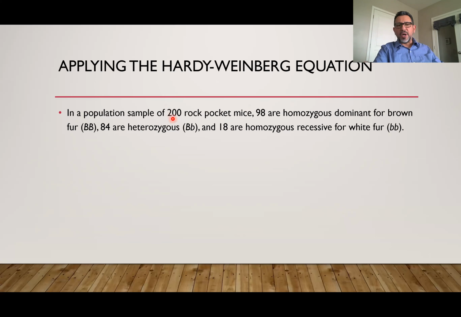Out of these 200 mice we captured, and again, you can see how this is done in the video for this week's discussion, we've analyzed the fur or blood samples we took from these mice in the lab, and we know that 98 out of the 200 are homozygous dominant for brown fur. 84 also have brown fur, but these are heterozygous.